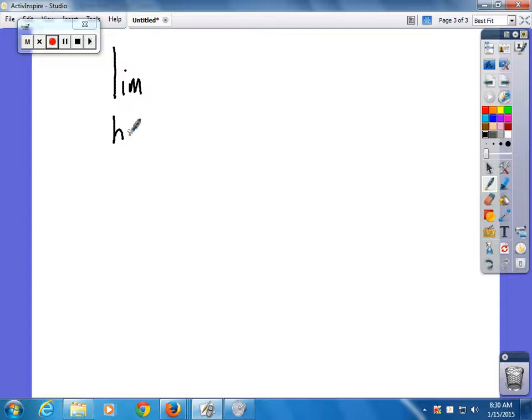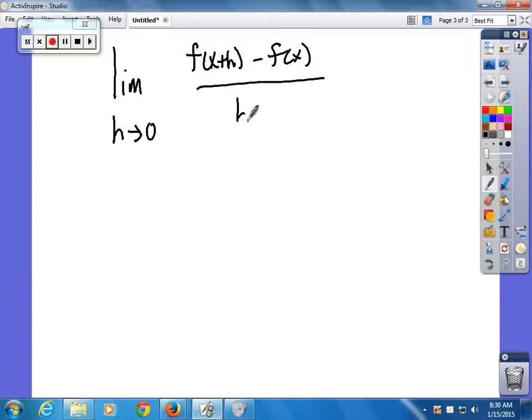And then you not only have a rate of change, when you apply the limit theory to it, limit as h approaches 0 of f of x plus h minus f of x over h. When you do this, when you put this with the slope, you have what's the rate of change called then?